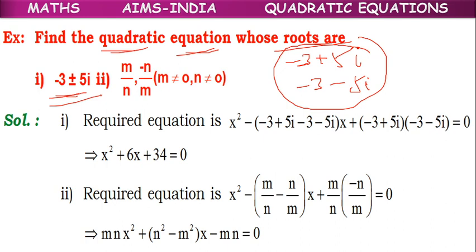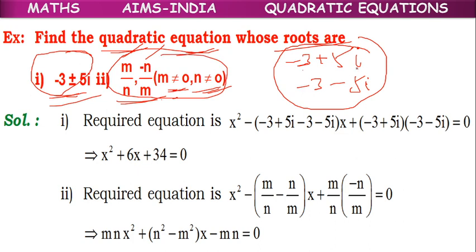Or another question: one root is m by n, another root is minus n by m, where m is not equal to 0, n is not equal to 0. They have given the roots in the first and second questions, and we have to find the equation.